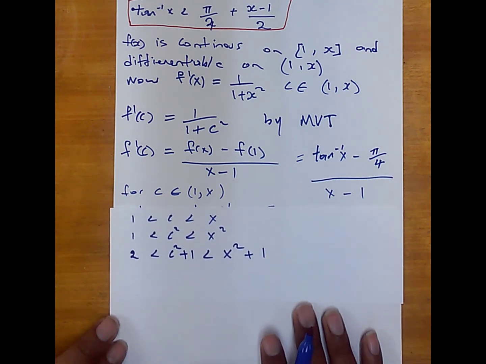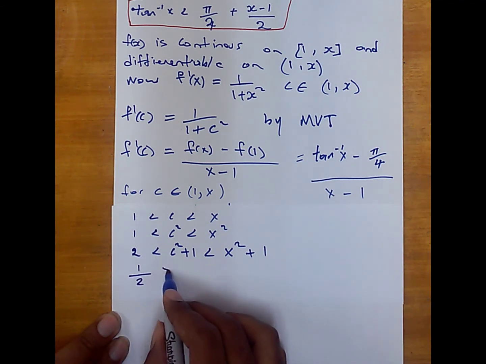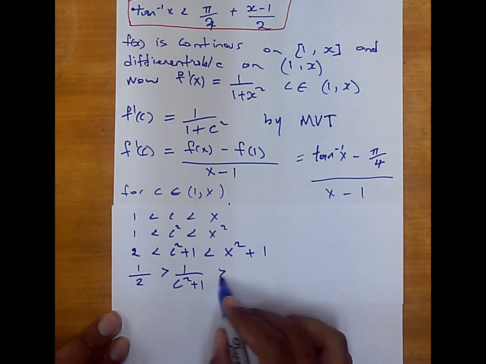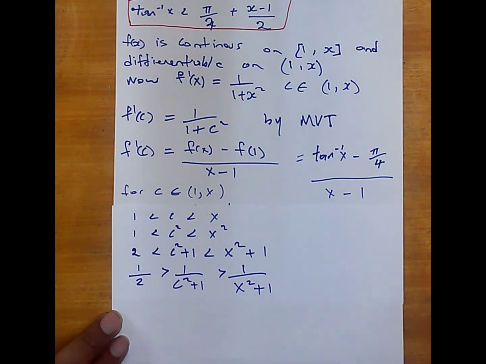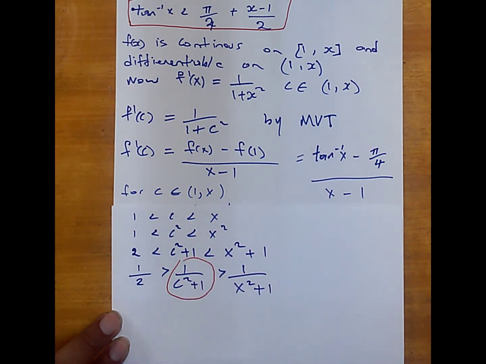And if we decide that we want to put 1 over each of these, we have 1 over 2 is greater than 1 over c squared plus 1 is greater than 1 over x squared plus 1. And notice that 1 over c squared plus 1 is just our f prime of c, which is tan inverse x minus pi over 4 over x minus 1.